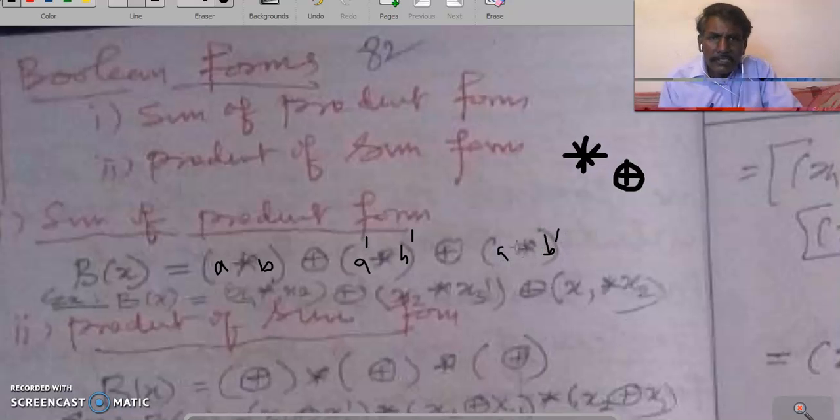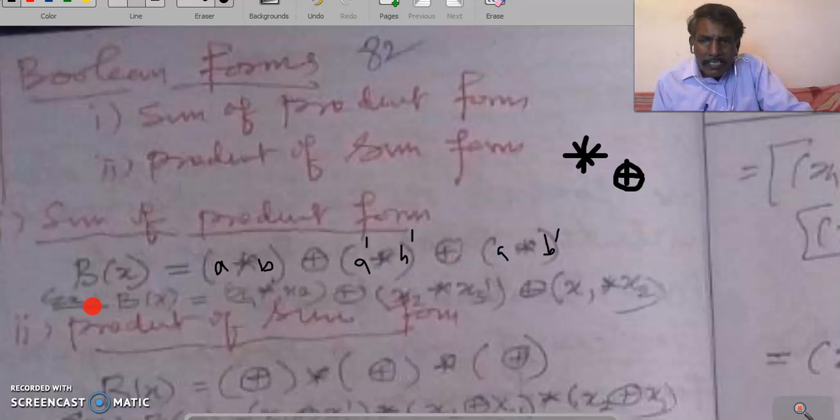You must understand that this is a good example for sum of products, that is join of meets. Outside join will come, inside meet will come. This is a good example for sum of products form.